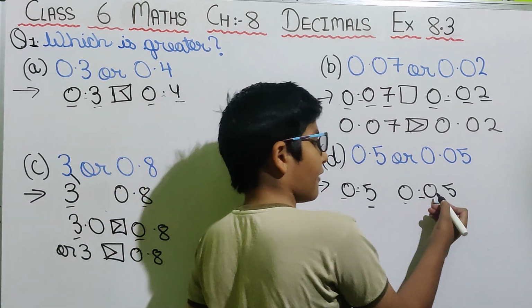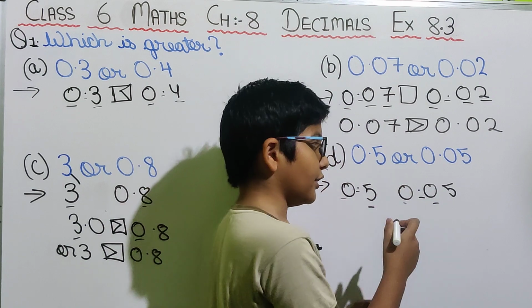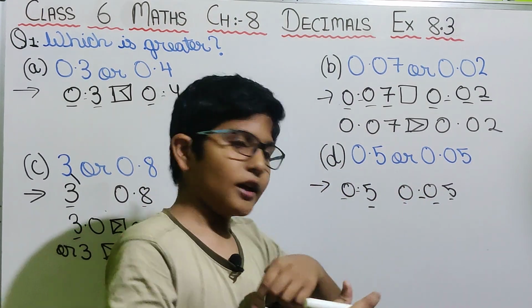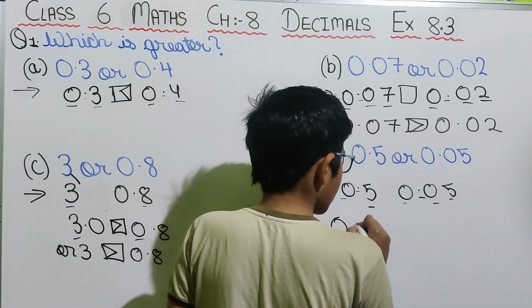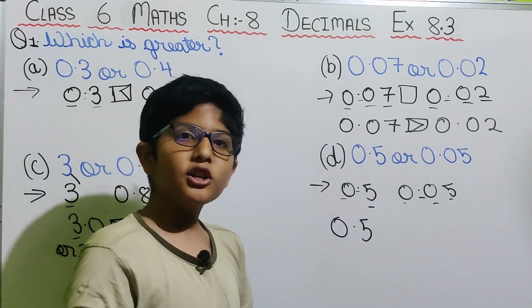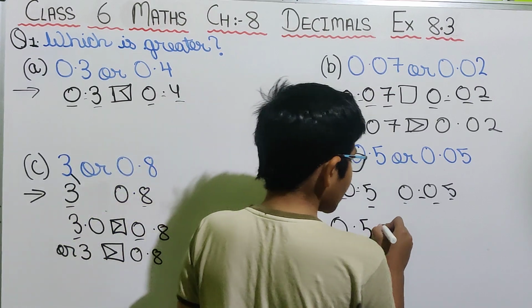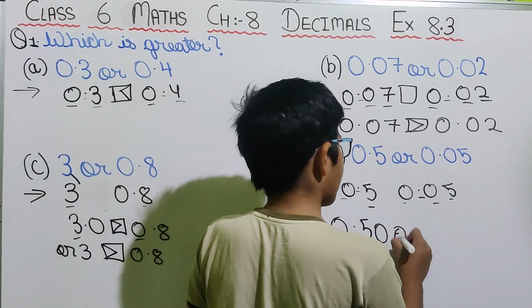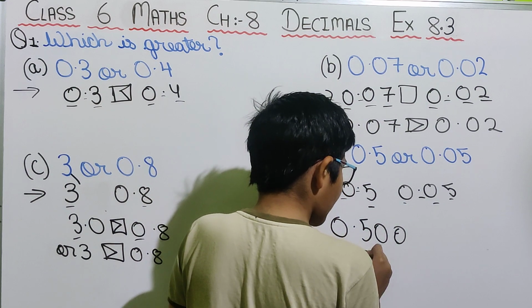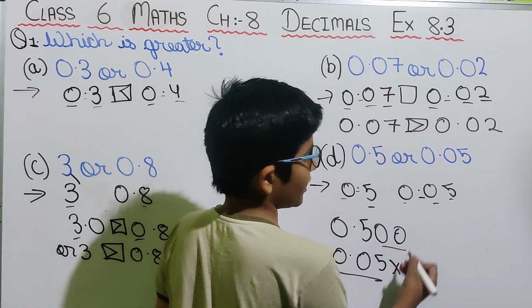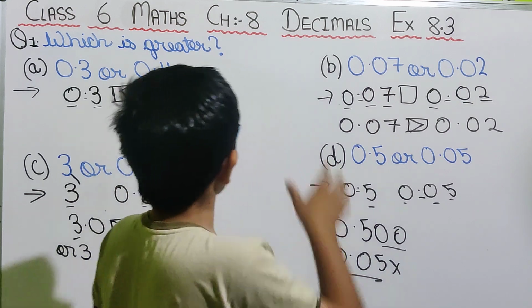But here the number finishes and here one digit is more. So first we will convert it. After the finishing of the number, we can write zeros, after the number we can write as many zeros as we like. But before the number, writing zeros is wrong. We have to write them after the number.